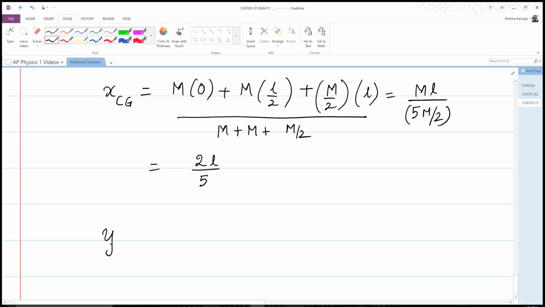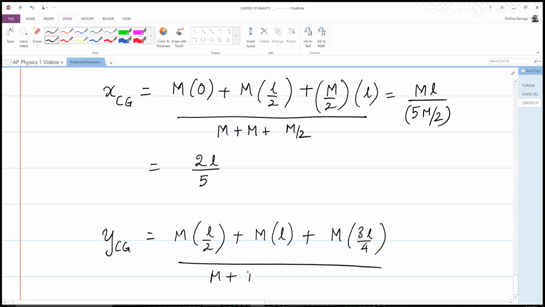The y center of gravity will be given by m times L/2 for the first, plus m times L for the second, plus m/2 times 3L/4 for the third, and I divide once again by m plus m/2. Simplifying the algebra, we get a half plus 1, which is 3/2, and 3/2 plus 3/8 gives us 15/8, so let me redo this carefully: as computed in the video, I get 9/4 mL, and I divide this by 5m/2.